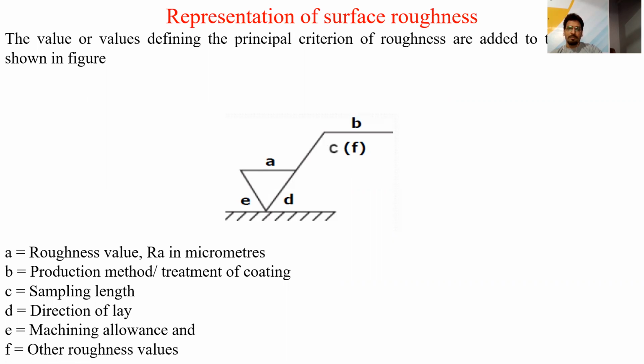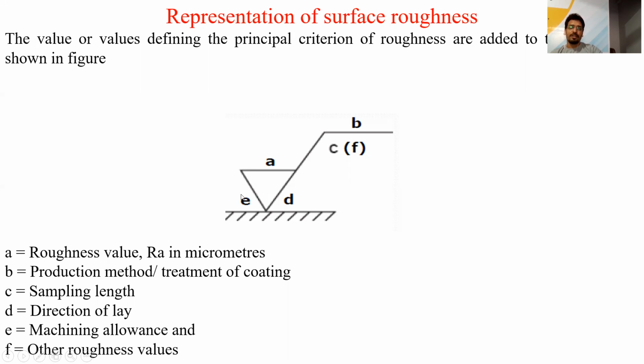Now, what is the meaning of each letter present on this roughness symbol? Very first is A, which is above this line. A will give you the value of roughness. It is not the letter A, it is a numerical value. It is the value of roughness, represented by Ra, and it is given in micron.